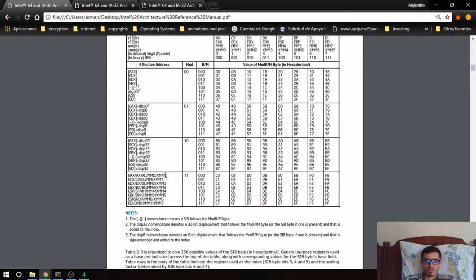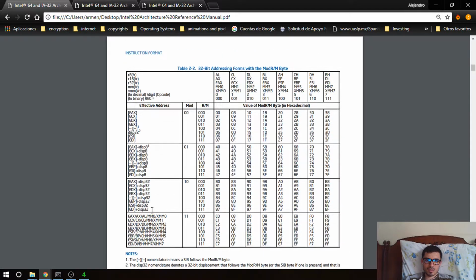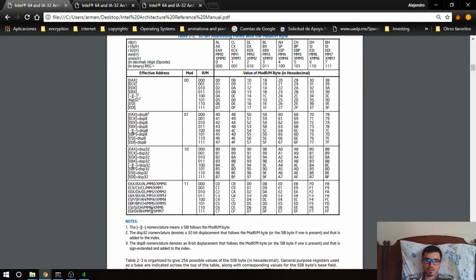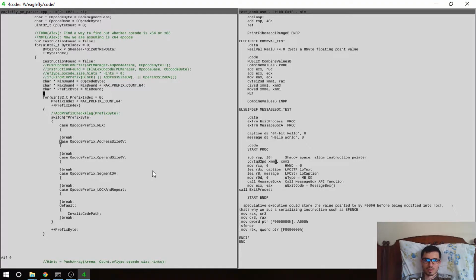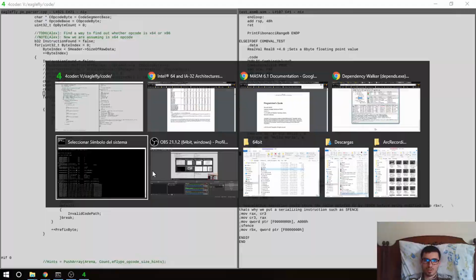The only thing you have to understand, so you don't get confused, is that when there are parentheses or brackets in assembly, you are referring to the address. Whenever you use the register itself, you mean the value inside the register. So that's important. If you see here, the encoding is for, let me see, over here.